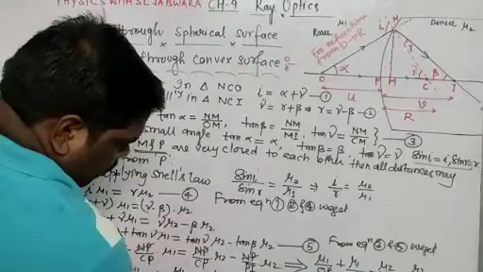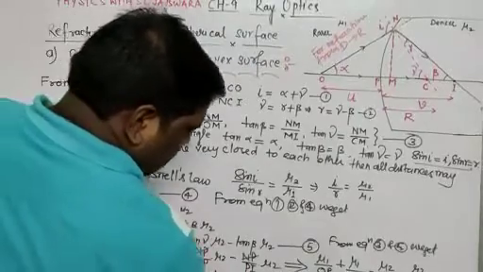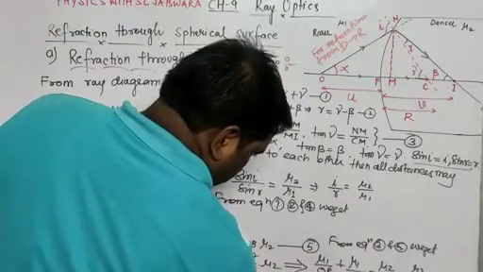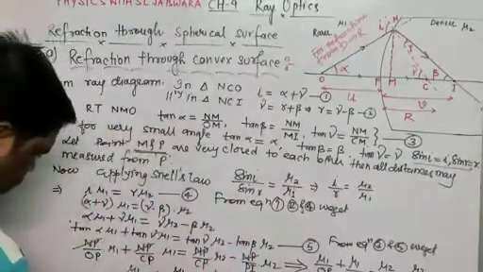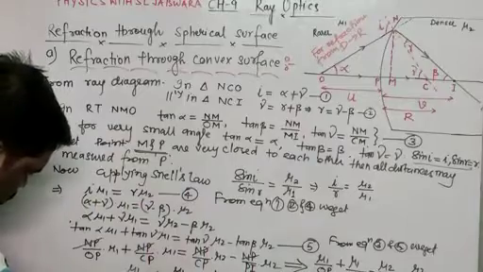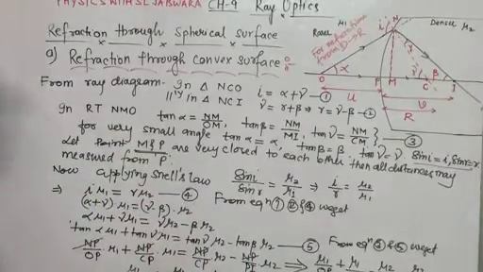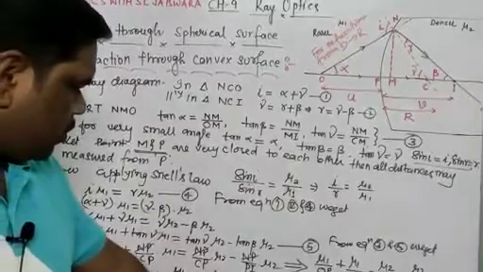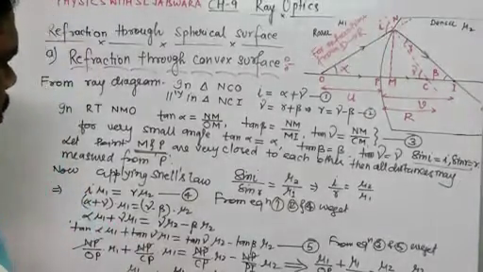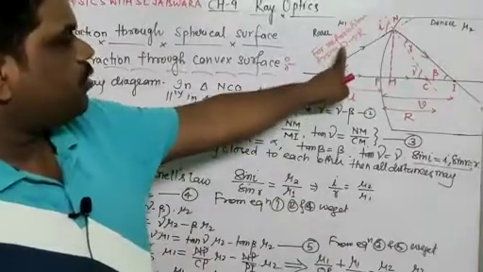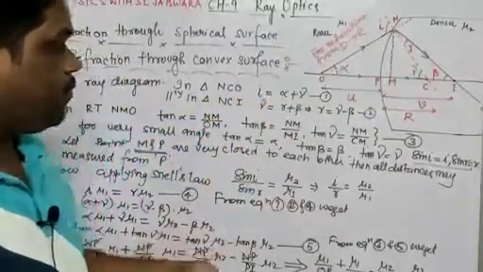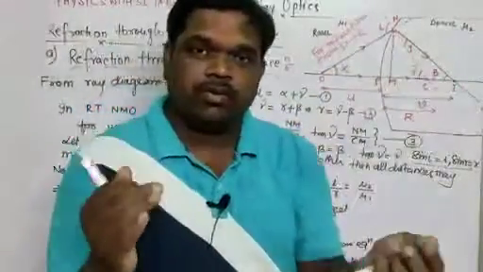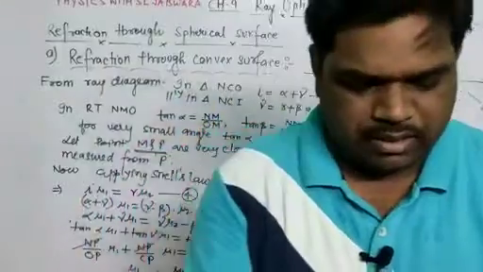See, this is mu 2 upon V, and here we have written mu 1 upon V. It should be mu 2. Clear? Got my point? So mu 2 upon V minus mu 1 upon U is equal to mu 2 upon R minus mu 1 upon R. So in case of refraction from denser medium to rarer medium, the refractive indices, mu 1 and mu 2, will interchange with each other.